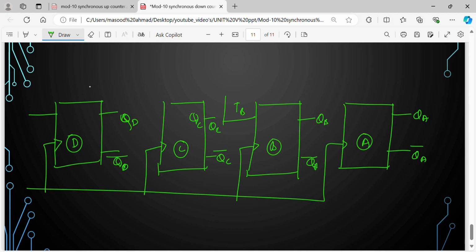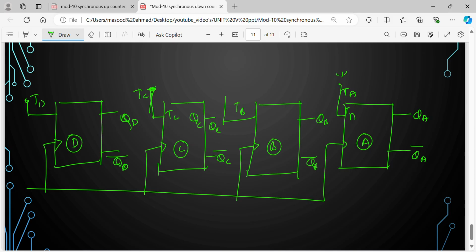This is TD and this is T flip flop D. So here it is TC. What is the TC value, TD value, TB value and TA value? TA is equal to 1. So this is A, and TA is connected to 1.